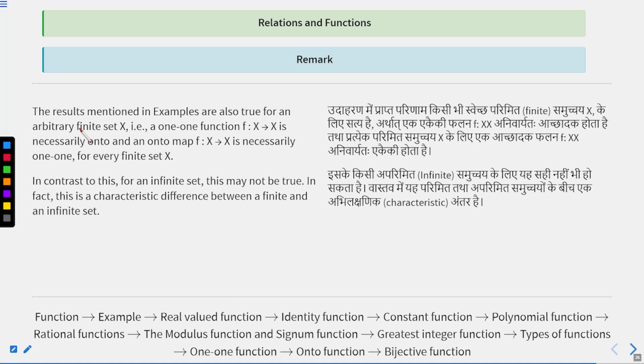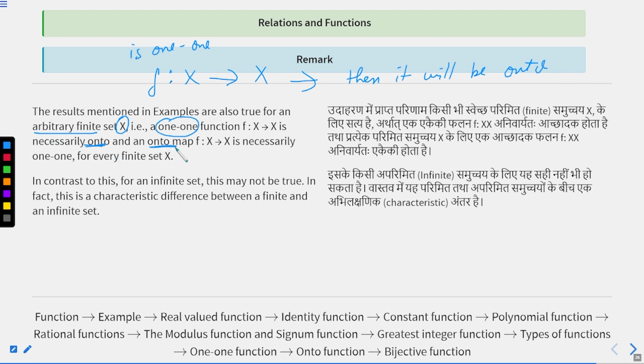Now, the remark is that the result mentioned in the examples is also true for an arbitrary finite set X. If my function f from X to itself is given one-one, then it will necessarily be onto.